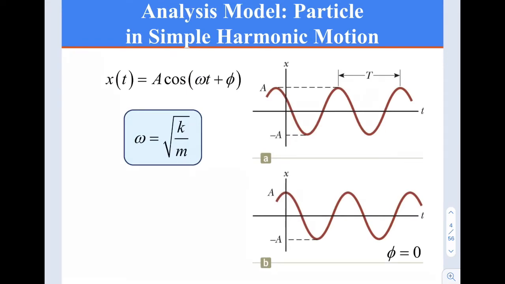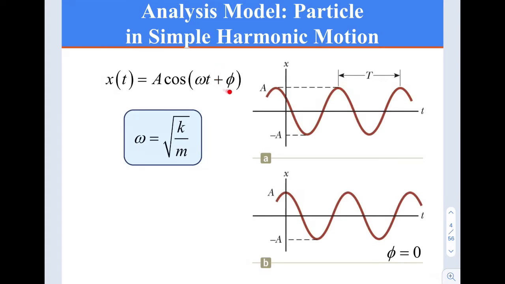Okay, then the analysis model, still particle in simple harmonic motion. Talking about x as a function of t means that x is varying or changing according to the t. Based on this equation, A cos(omega t plus phi) can be visualized by this diagram. From this point to this point is a complete cos function, the shape of a cos function.